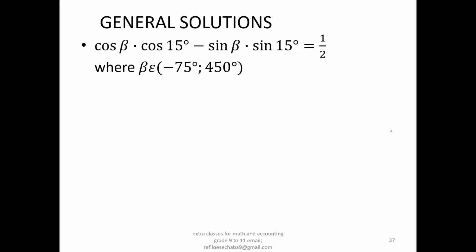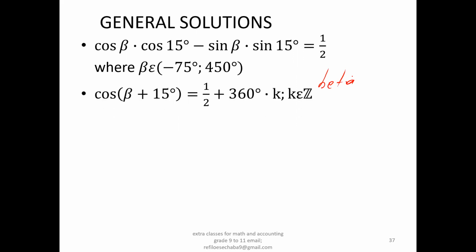Okay, so it's cos open bracket beta plus 15 degrees. Is that fine? Yes. Never mind all of that. I don't know what happened there. Typo. And then what did you have?